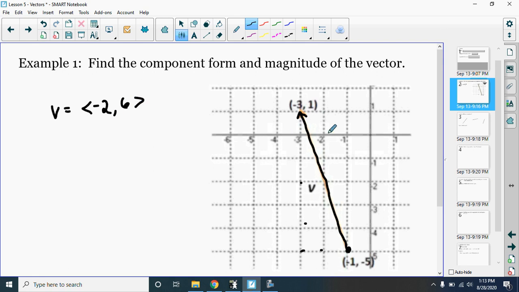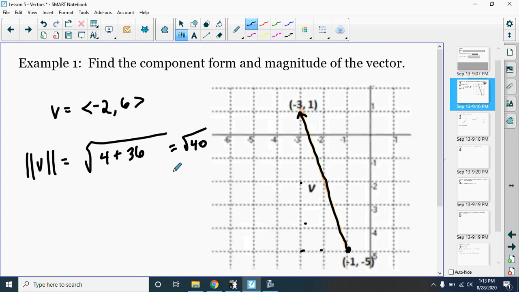That is the component form of the vector. The magnitude of the vector is equal to the square root of the change in x squared plus the change in y squared. So the magnitude is 2 root 10.